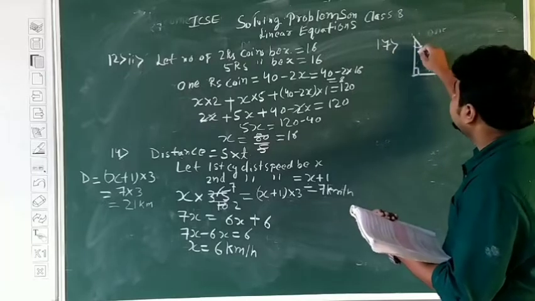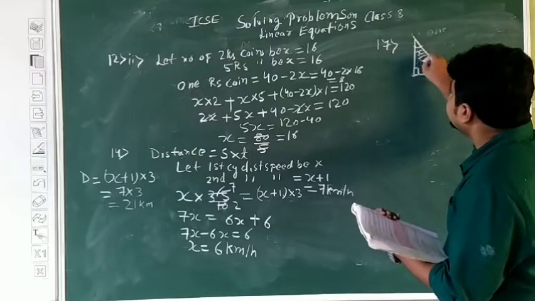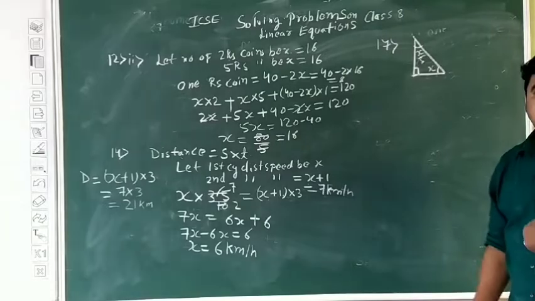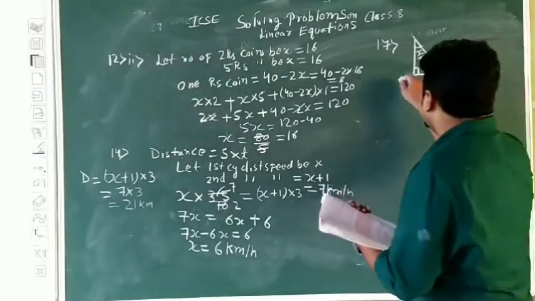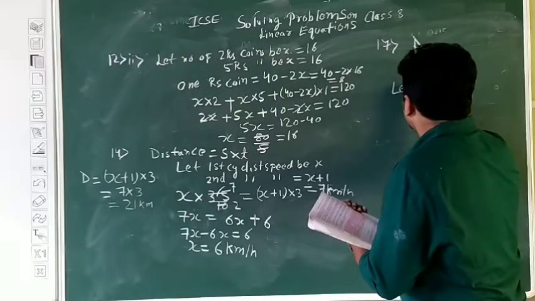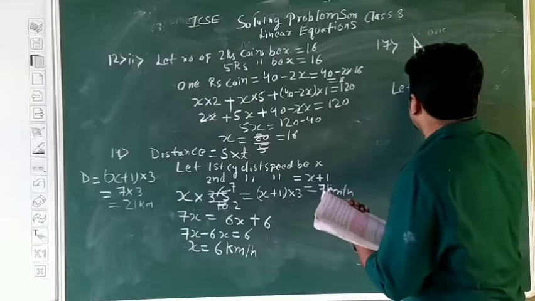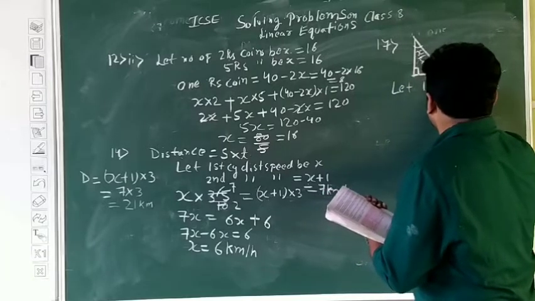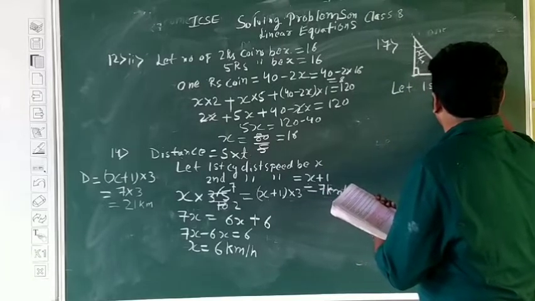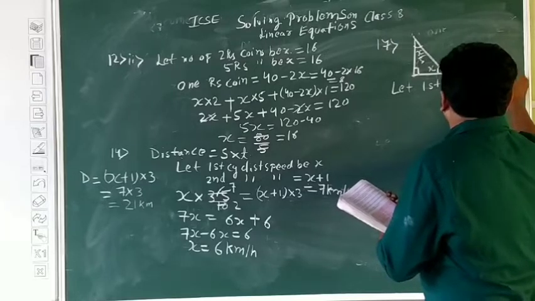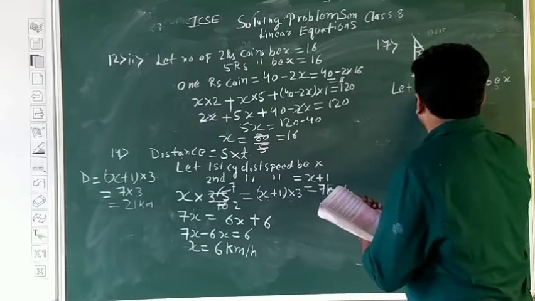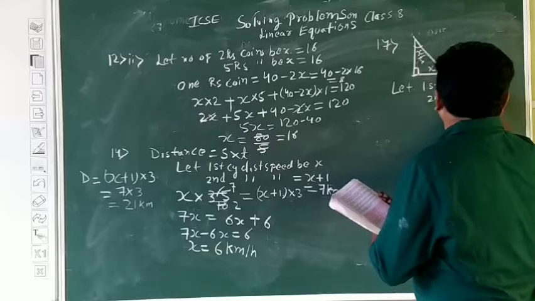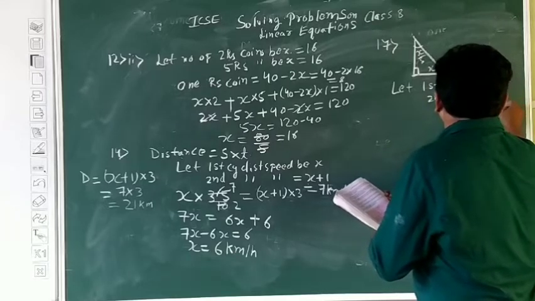The other angle will be 1/5 of it, meaning x by 5. Is it clear? So from here we can say, let the first angle be x, and the second angle be x by 5.